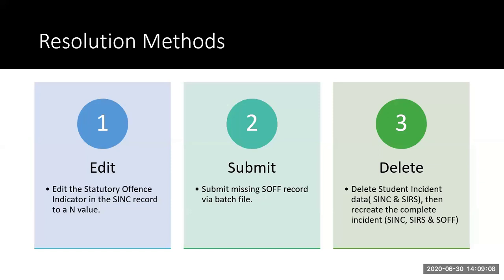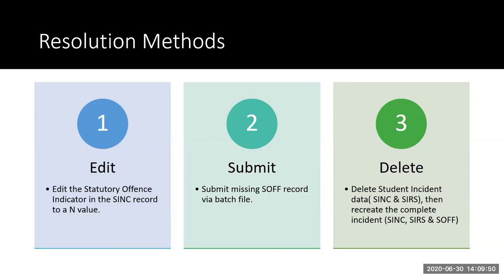The second resolution method would be to submit a missing SOF record via batch file. Again, if you were to do this online, CALPADS would make you submit the sync, the CERS, and SOF data in a single transaction. So the chances are, if you have a CERT155, you started a batch file process and you need to submit the SOF via batch.